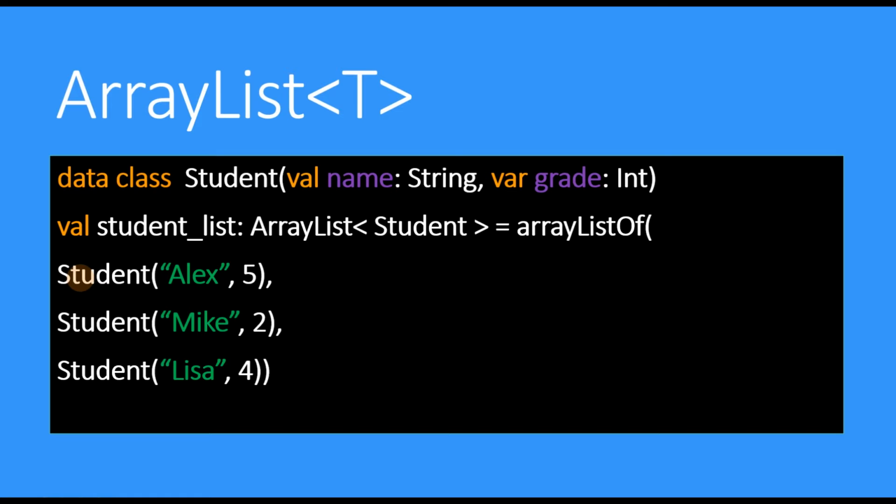Since the array list is of type Student, the data class, the elements will be objects of type Student. So we have the name Alex, grade 5, and as you see Mike, grade 2, and so on. In this way, we can add elements to the array list.